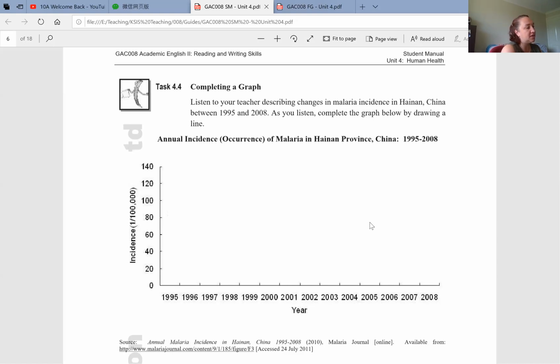The period between 1995 and 1997 was marked by a steady decrease in malaria incidence from 85,000 cases down to 65,000 cases. In 1998, malaria incidence rose abruptly to 75,000 before decreasing again to 35,000 cases in 1999.